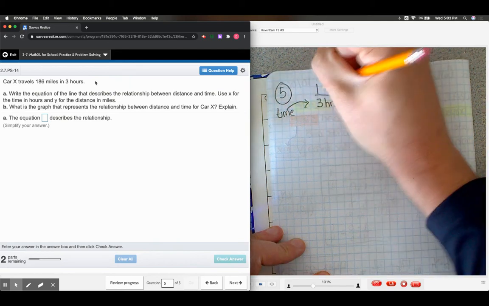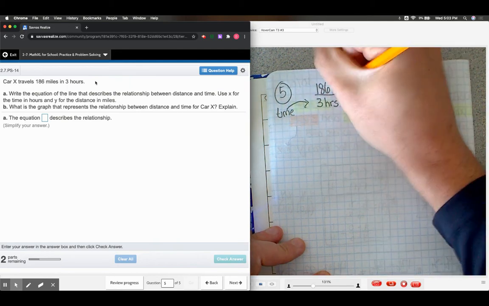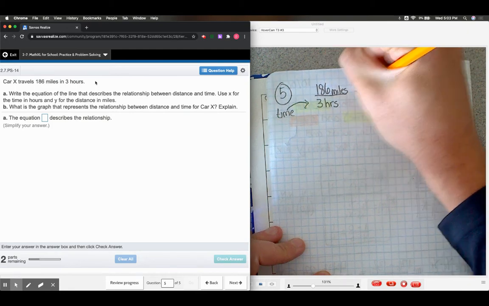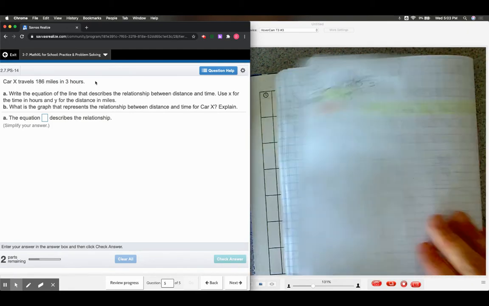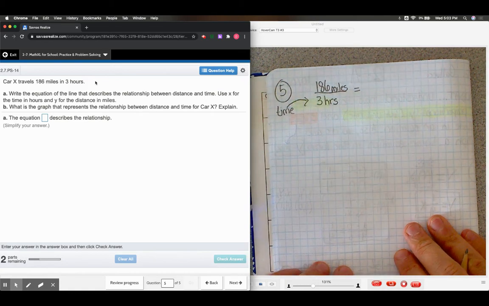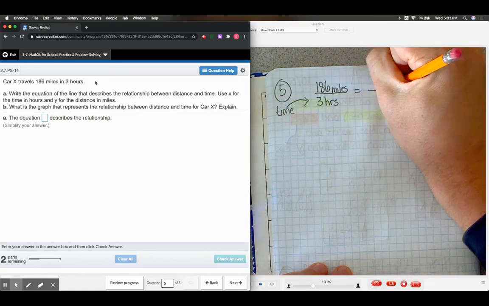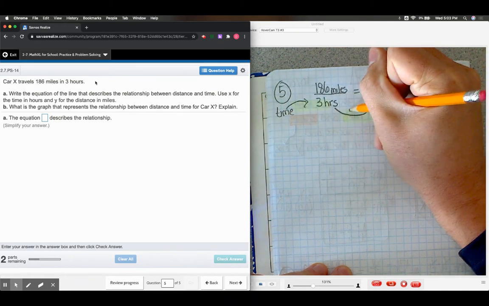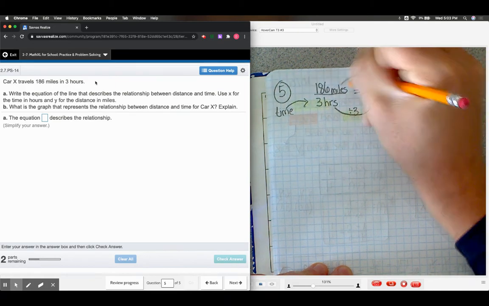We're going to put 186 miles, and we're going to calculate a unit rate. Unit rate means 1 hour. We're going to divide it by 3.